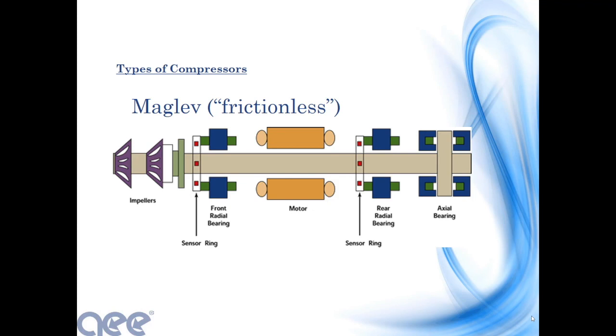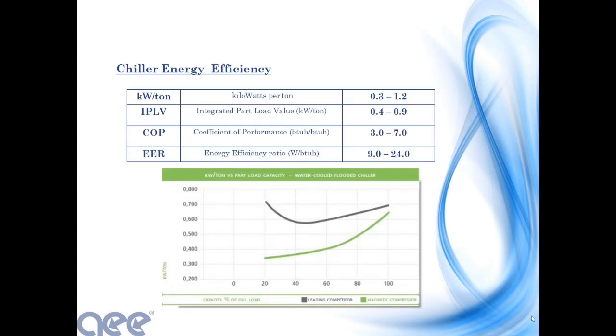So not only are you reducing a lot of energy waste by reducing the friction of the shaft inside the compressor, but you also have a very tight range of variable speed. With a variable speed drive, you can match the load of the chiller to the energy input to the compressor at very low levels, and as I'll show you in the chart later, you can achieve very, very low kW per ton, so low input for a given cooling output.